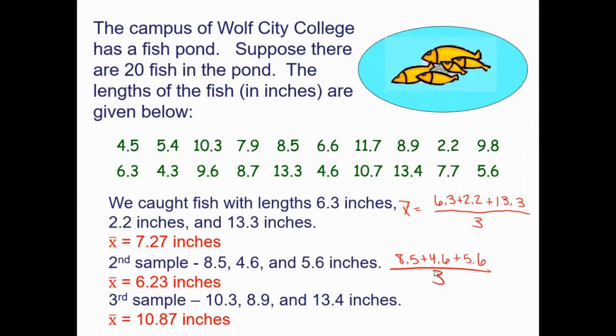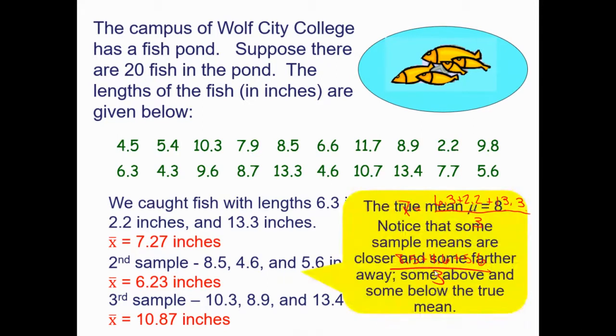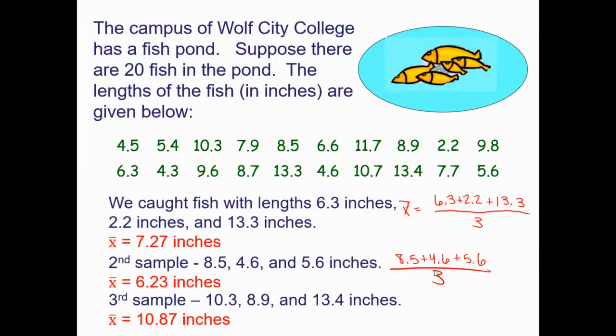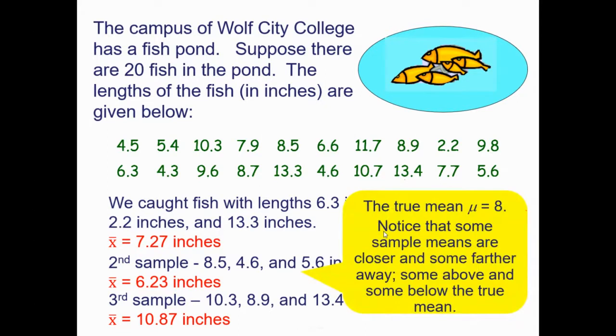Okay, so let me erase my writing here, that way we can see the box that's about to pop up. Now, the true mean, if we added up all 20 and divided by 20, we would get that the true mean is equal to 8 inches.